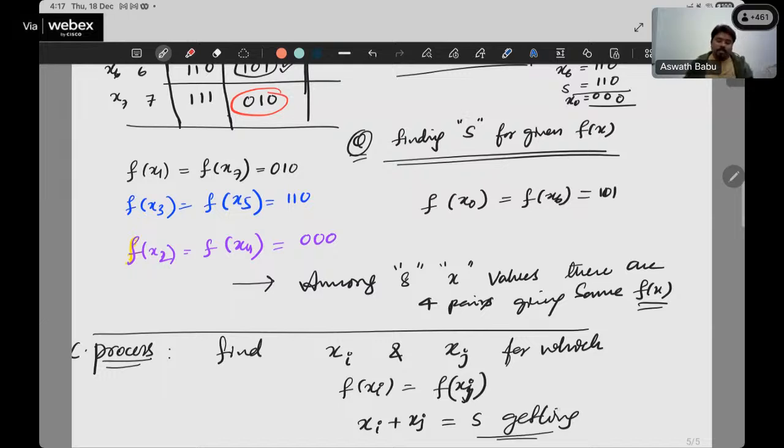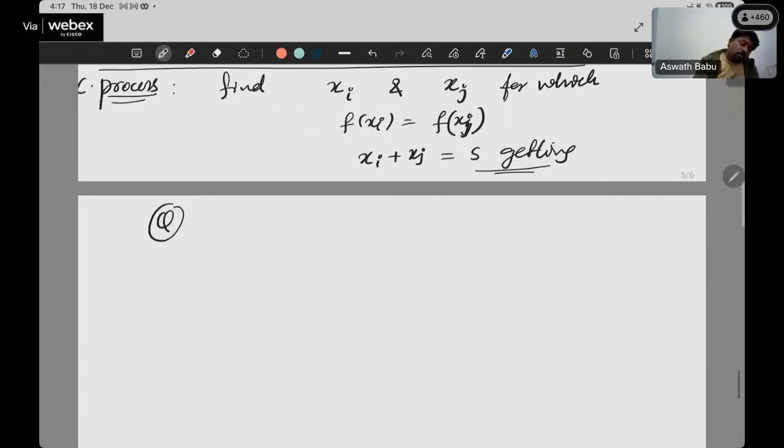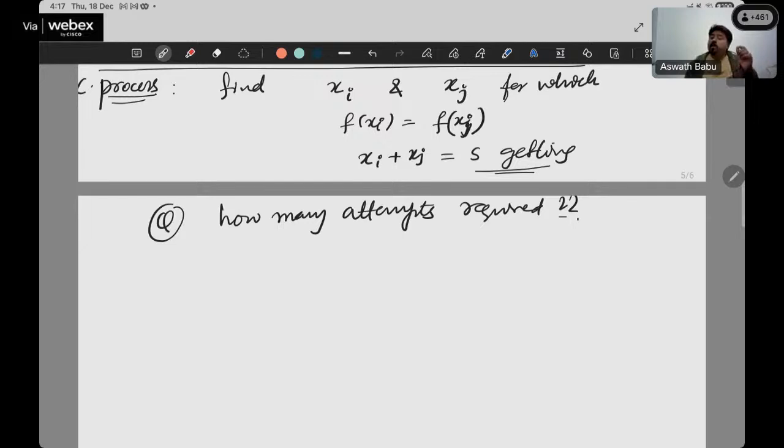Let's say while picking xi and xj, in the first attempt somebody fails to find equal values of f of x, which means you have to go to the next pair. So now the question is, how many attempts are required? Let's say I take a first xi, then from the remaining I need to pick one more.